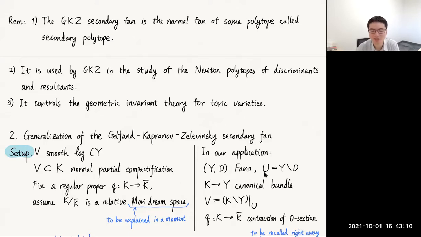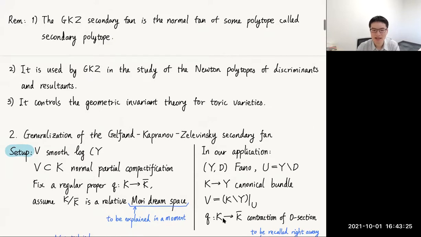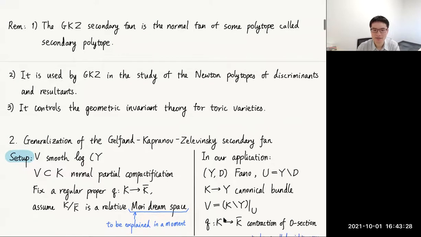U is the interior, and we take the canonical bundle K over Y, and this V here will be the restriction of the canonical bundle over this interior U, and the K and this Q from K to K bar will be the contraction of the zero section of this canonical bundle. So I will explain this again when we actually apply it to the case of Fano.